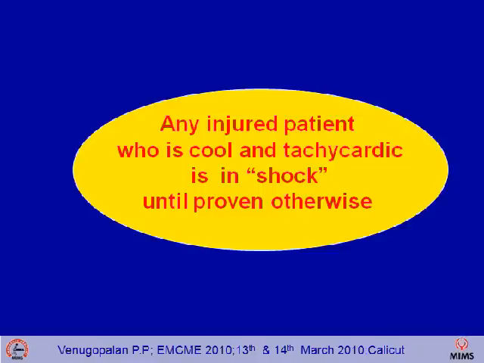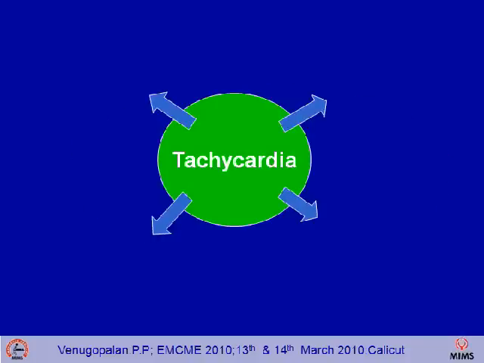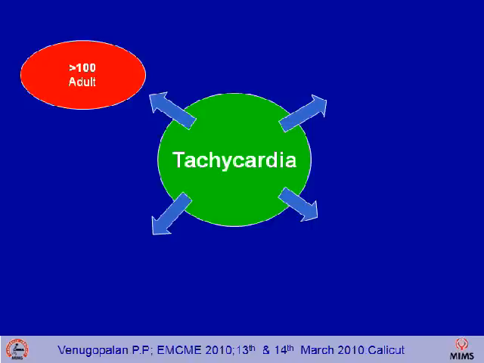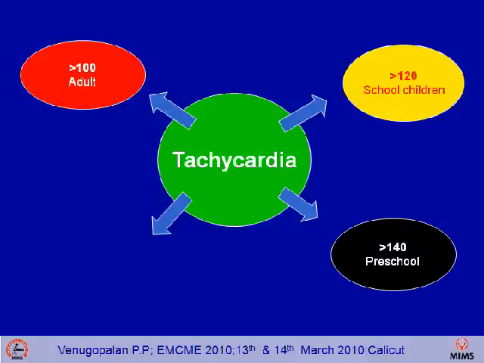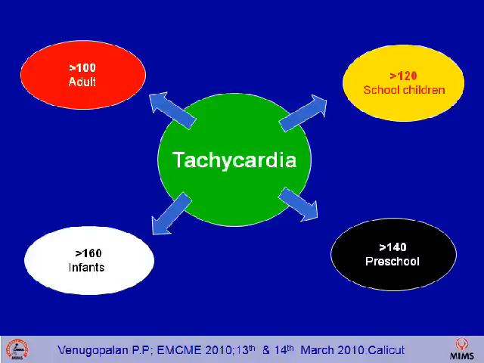An injured patient who is cool and tachycardic is in shock until otherwise proved. Whenever you use tachycardia as a measurable tool for assessing shock, you should also know the normal heart rate range for different age groups. For an adult, a heart rate of more than 100 is tachycardia. For school children, it's more than 120; for preschool children, more than 140; and for an infant, more than 160.